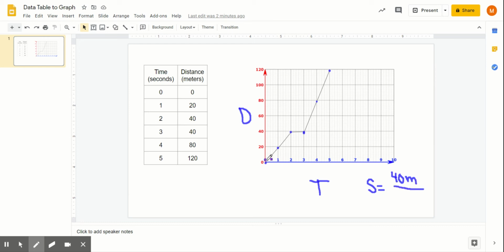And how long did it take in this segment to go that 40 meters? It took 2 seconds. I can see that. And 40 divided by 2 is 20. And so the speed from here to here is simply 20 meters per second.